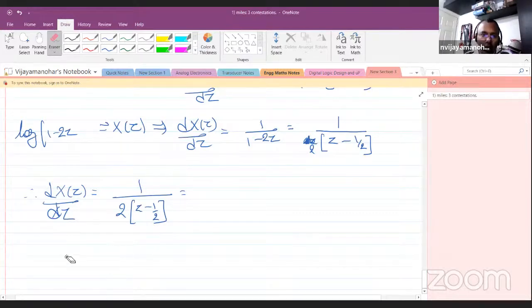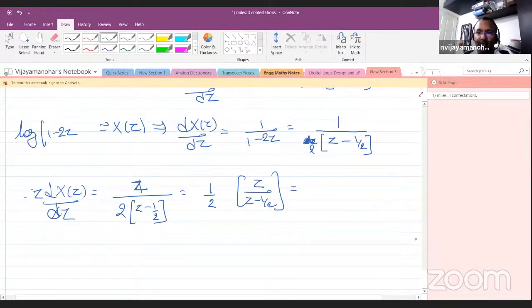So now I know the property. What is the property I am aware of? So now let us multiply by z on both sides. So this will be z into this one, correct? So now I have 1 by 2 z by z minus half.